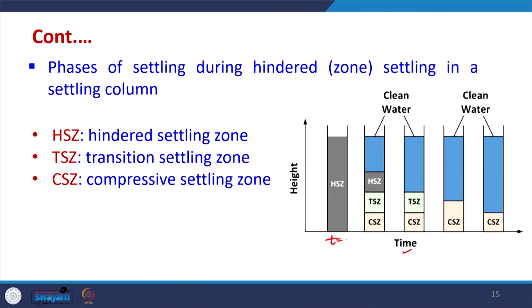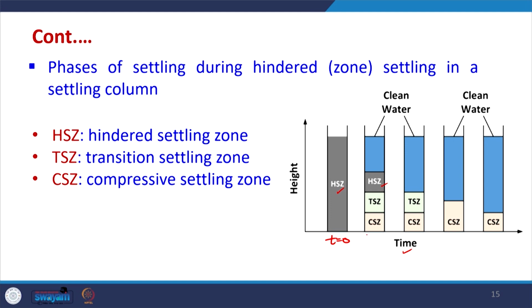Under that condition we suspend it and try to see where the clear zone is. When at time t equal to 0, this will be the condition: the whole slurry is properly mixed and we have a high concentration slurry, and this is a hindered settling zone where each particle is hindered by the other particles during settling. This is SSG, and that has been shown using the black ones. So, there are different phases.